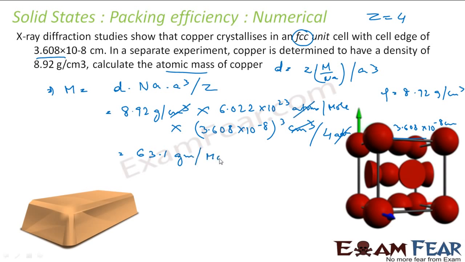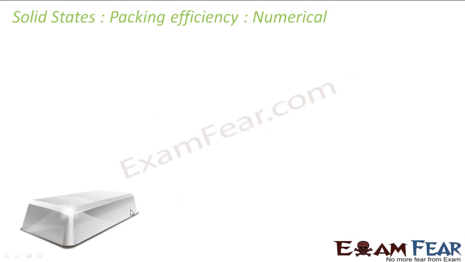Gram per mole. So this is nothing but my atomic mass. So the atomic mass is 63.1, and that is my answer. Just application of the formula.